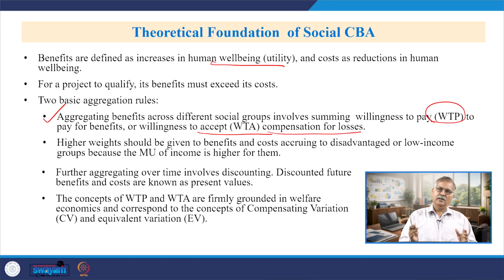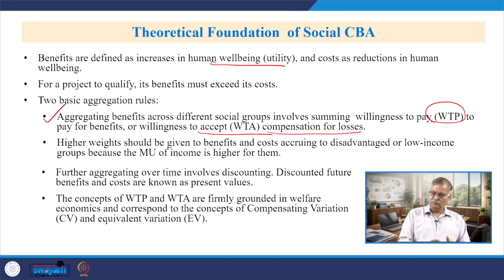For example, when a project is set up, people will be displaced, their livelihood will be affected. So, in that case, how much they are willing to accept as compensation, that is called WTA, willingness to accept compensation. So, these are the two scenarios.